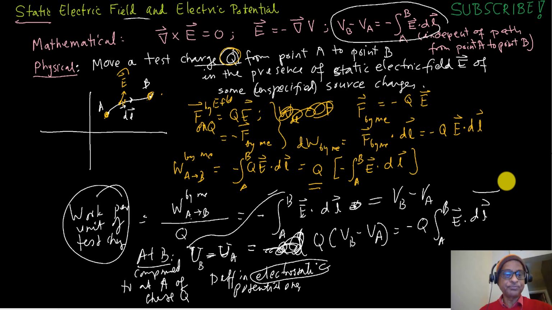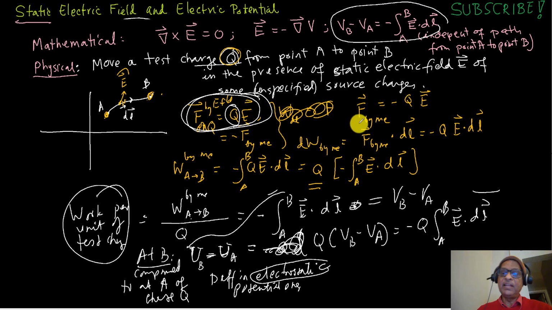Okay, let me summarize the physical thing. The electric field is related to electric force. So at each point, if I put a test charge, how much electric force will the test charge experience?